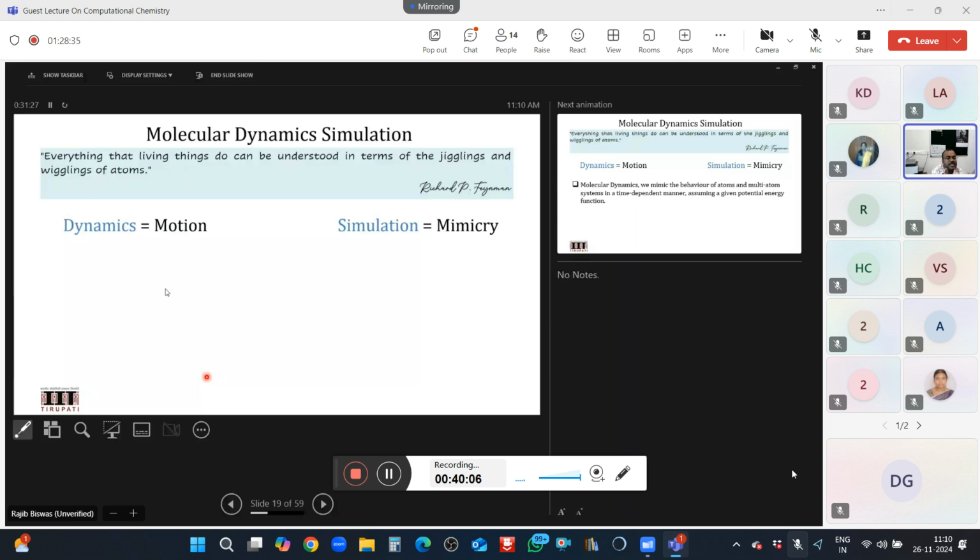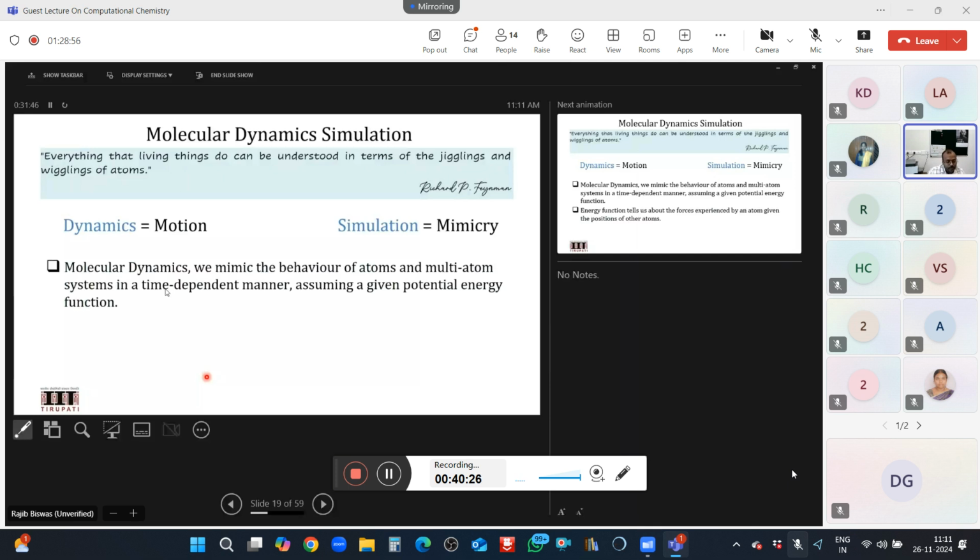If we dissect the two terms, molecular and dynamics: dynamics is motion, as we all know, and simulation means we are trying to mimic something. We are mimicking the actual chemical system using this computational methodology, and we are trying to understand its motions.